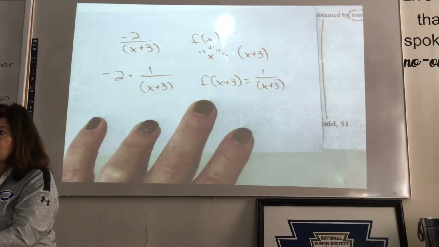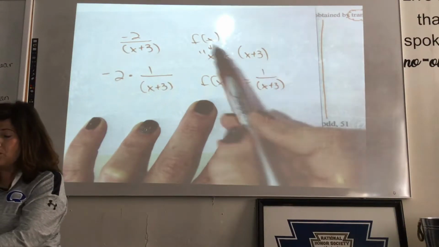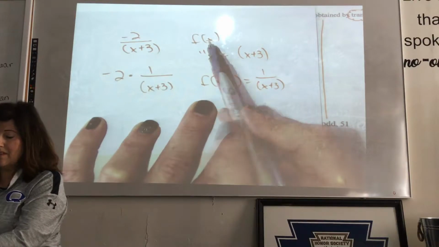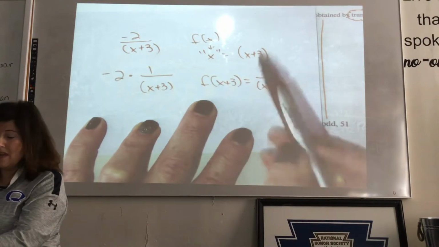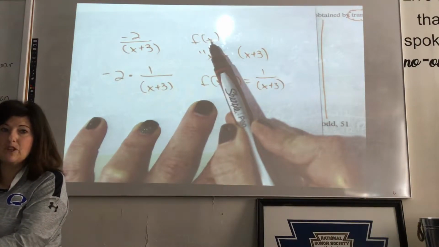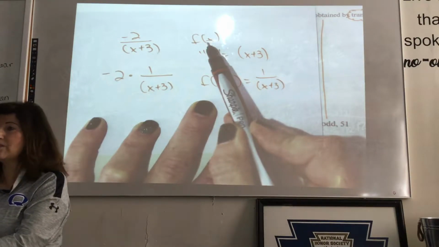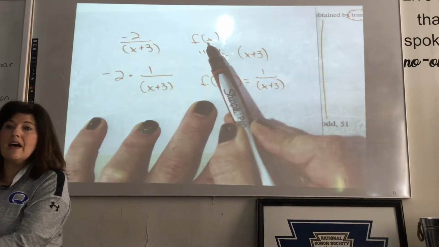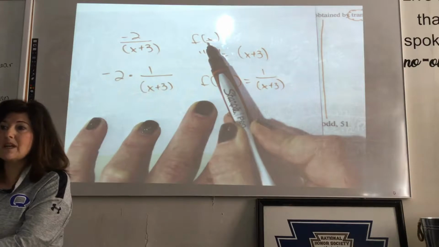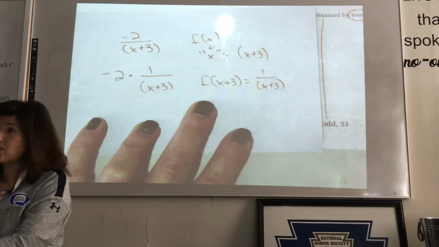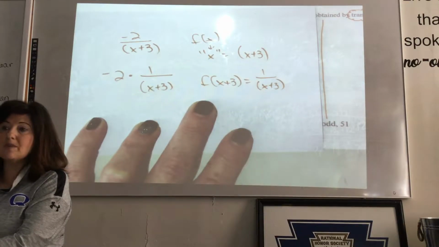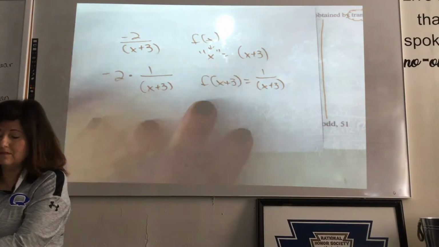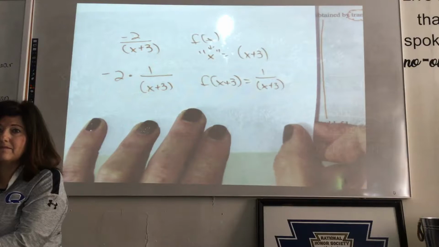You with me? So if I put a y here, this would be 1 over y. If I put a 2 here, it would be 1 over 2. If I put a 12 here, it would be 1 over 12. If I put x squared plus 2x plus 3, I would have 1 over x squared plus 2x plus 3. That's all we're doing. We're just substituting in a new value for x. Okay? Everybody got that? Okay.